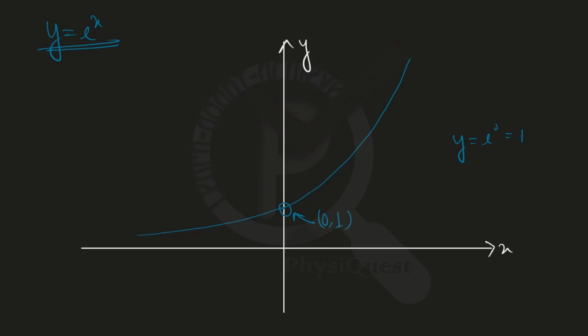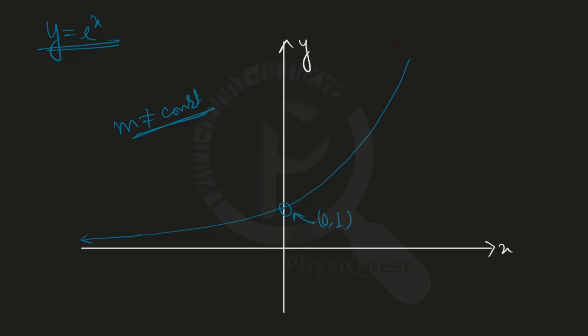So this is the 0 comma 1 point. And you need to understand that this graph never touches the negative x-axis. It will just go near the negative x-axis, but it will never touch it. Here also this is a curve, so the m will not be constant anymore.